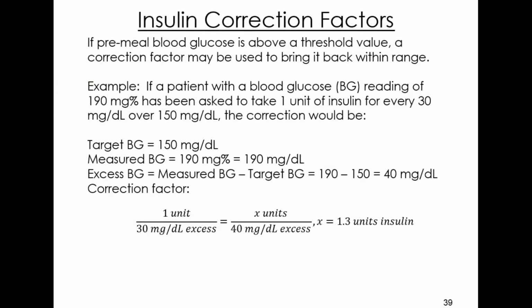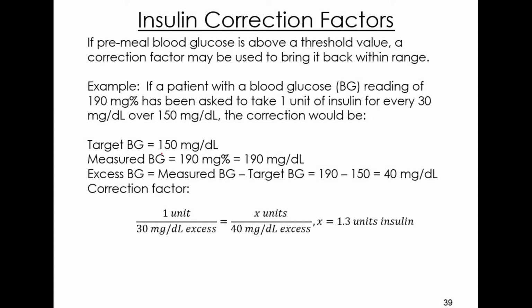A common problem type with insulin is calculation of correction factors. Insulin correction factors are used when blood glucose is outside of a specified range. For example, if a patient with a blood glucose reading of 190 milligrams per cent has been asked to take 1 unit of insulin for every 30 milligrams per deciliter over 150 milligrams per deciliter of blood glucose, the correction would be as follows.